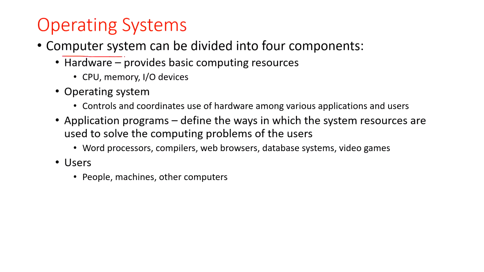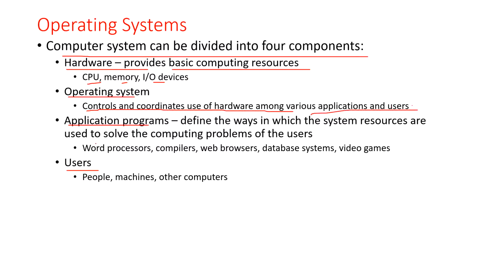Then a computer system can be divided into four main components, namely hardware, operating system, application programs and users. Hardware provides basic computing resources, for example CPU, memory and IO devices. The operating system controls and coordinates the use of hardware among various applications and users.